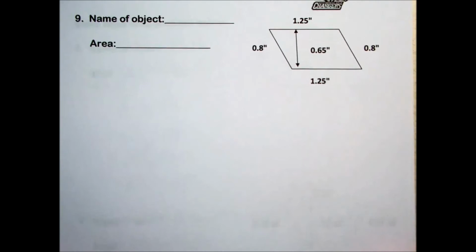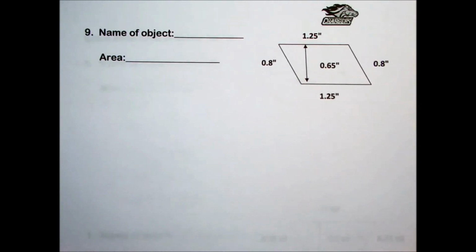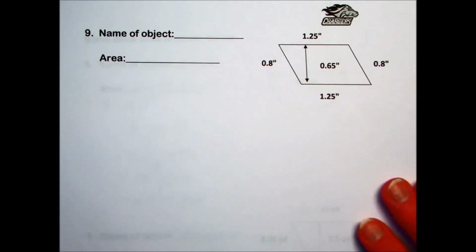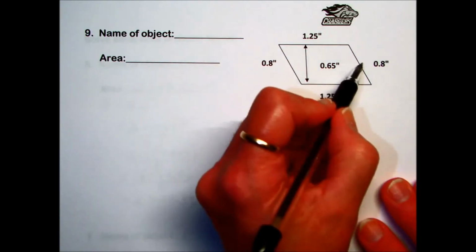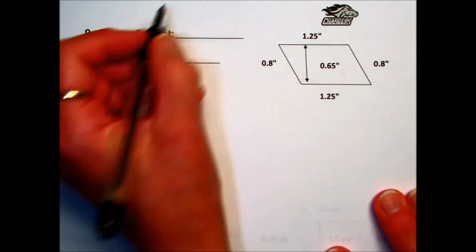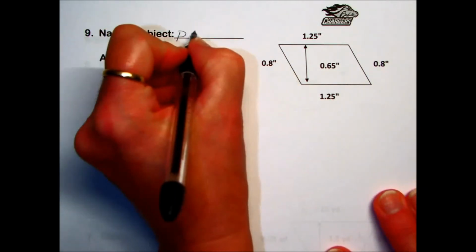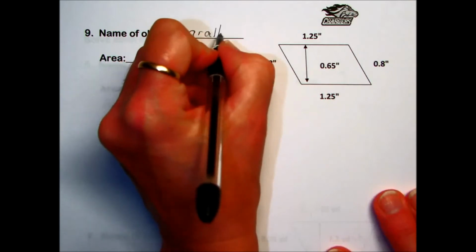Problem number 9, they're asking us to identify this shape, and what we have is a four-sided figure where both pairs of opposite sides are parallel. We refer to this as a parallelogram.